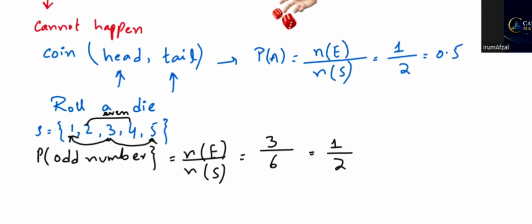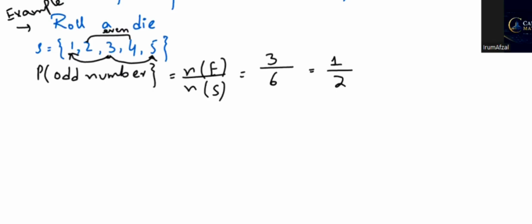Okay, similarly, you can check it for the example of coins as well. Accordingly, we can check the probability of getting a head or tail on a coin. Now, the probability can be written in different forms. It can be in the form of a fraction, just the way I told you, 1 over 2.